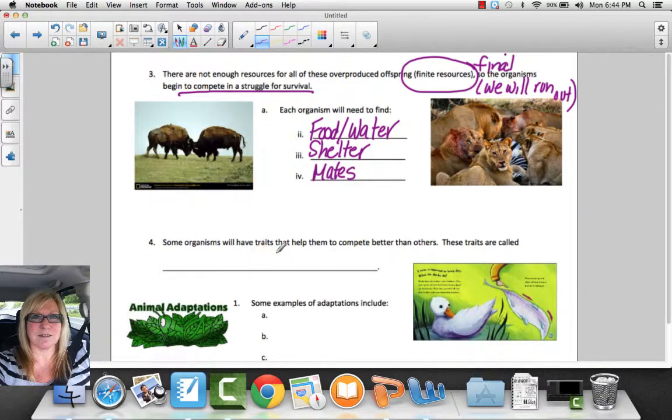Some organisms will have traits. Another word for traits is characteristics. That help them to compete better than others. So these traits are called adaptations.